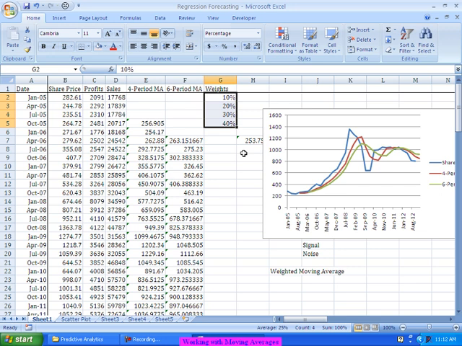So depending on whatever we understand from analysis of the past observations of the data, we give some kind of weightages to each of these observations. In general, the latest observation receives a higher weightage compared to a slightly older observation, and the very old observations will typically receive very little weightage.